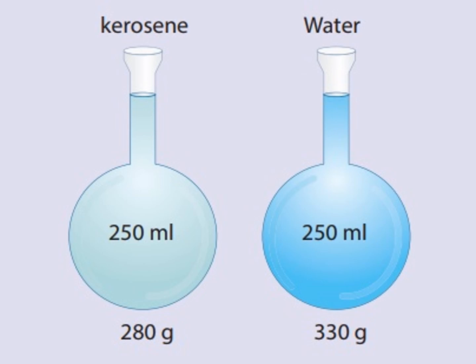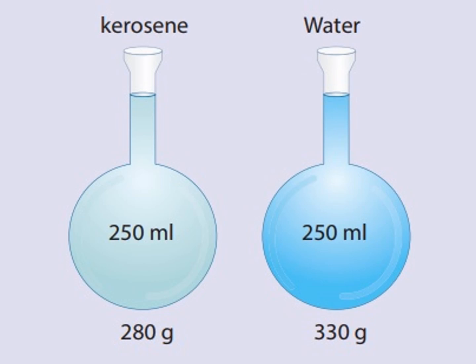Mass per unit volume of water is 250 gram by 250 centimeter cube. This is 1 gram per centimeter cube. Mass per unit volume of kerosene is 200 gram per 250 centimeter cube. This is 0.8 gram per centimeter cube.